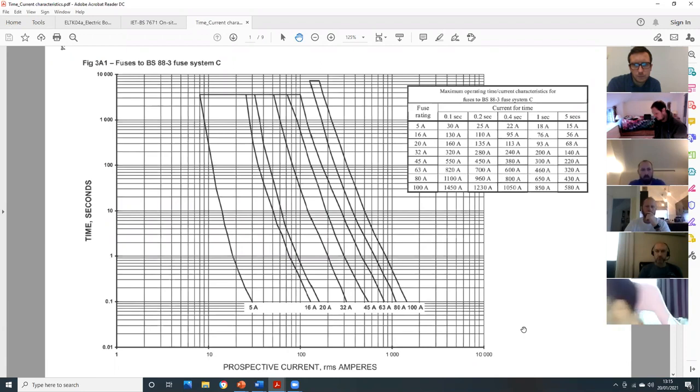That's what's called a time current graph. It's for BS 88.3, so cartridge fuses, this particular one. And this particular one covers 8 ratings of device, between the 5 amp and the 100 amp device.